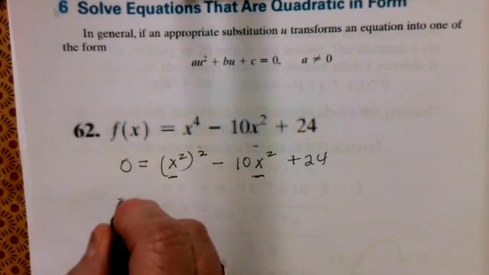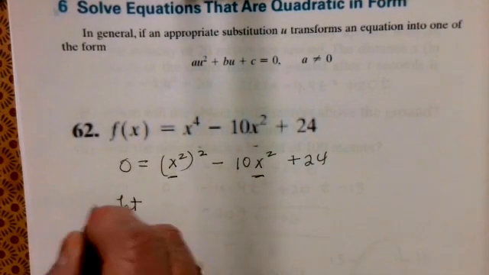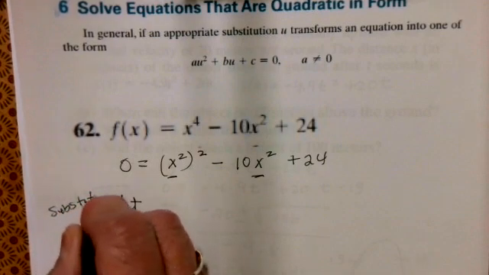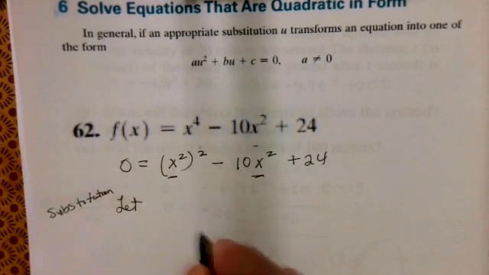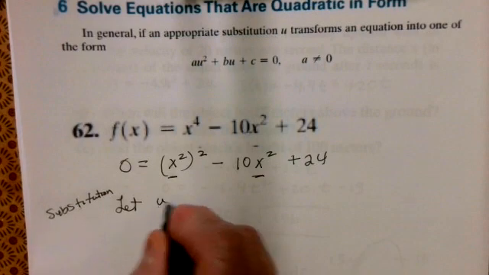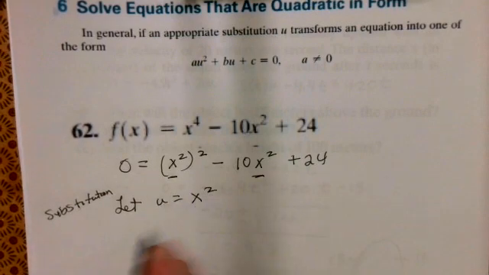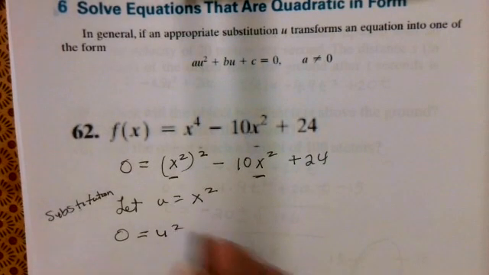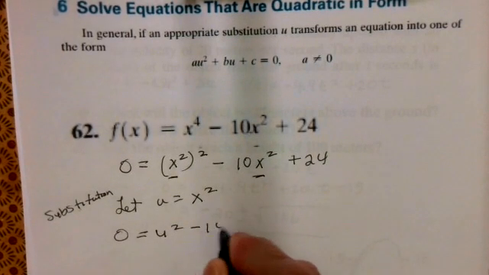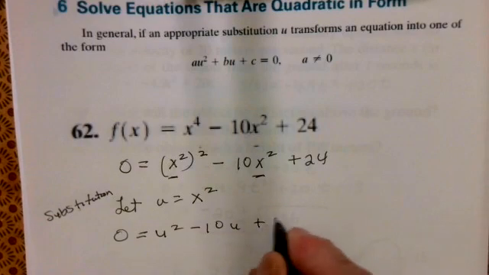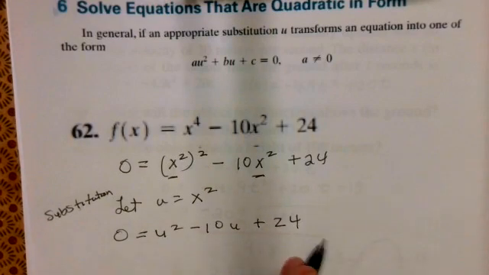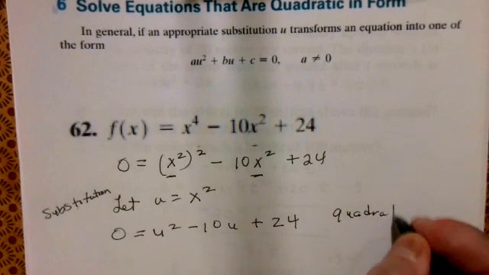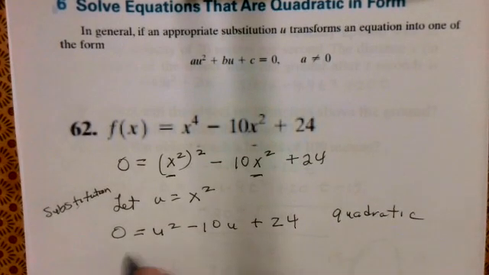So let's make a substitution, which is something we do a lot in math. Let u equal x squared. Then it's going to look like u squared minus 10u plus 24. That's a quadratic, and we can factor this.